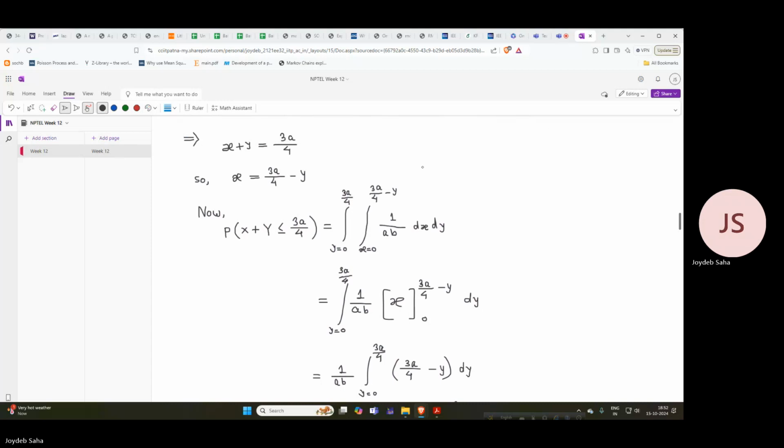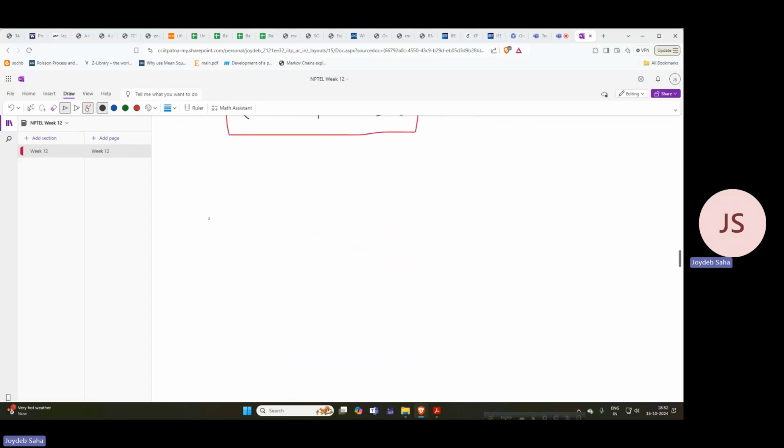Okay, if there is no query, then we will proceed for the example 2.